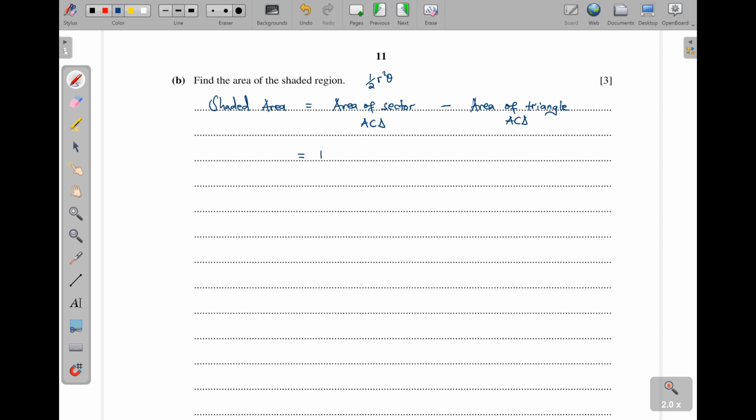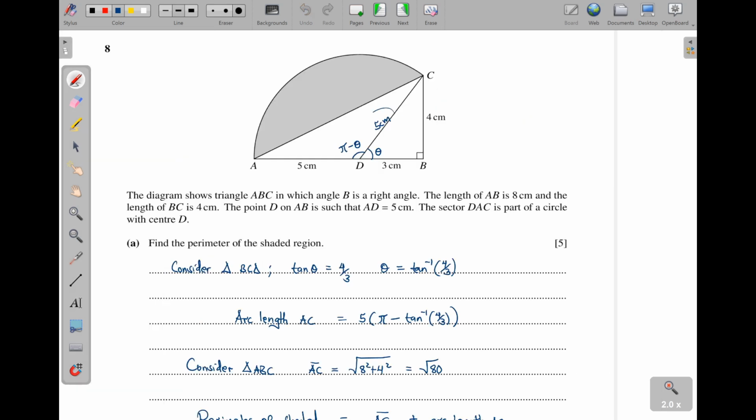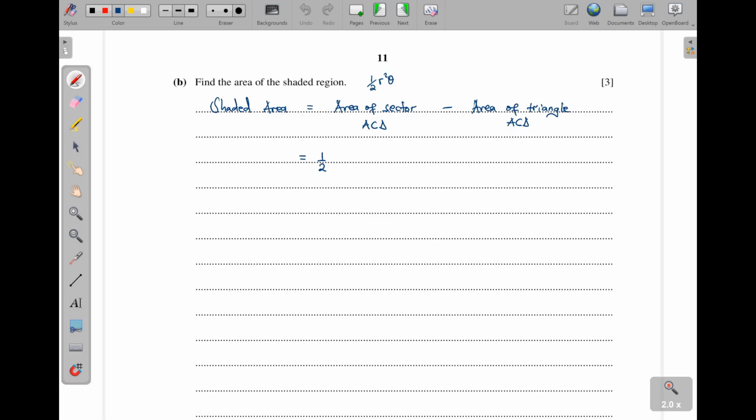So we shall say a half, then the radius for this sector is 5, and then theta is this one here, pi minus the arctan of 4 over 3. So we shall have a half times 5 squared into pi minus the arctan of 4 over 3.